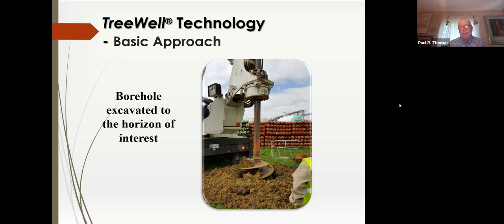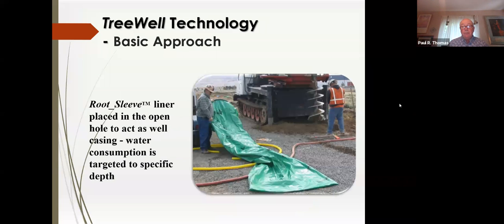And by large diameter, I mean from like 3 feet to 5 feet in diameter. Then we line that hole with a plastic liner that functions as a well casing, essentially. It forces the tree that's ultimately going to be planted in the top of this thing to get its water from wherever the bottom of that liner is, whether it's at 10 feet or 20 feet or 30 feet.